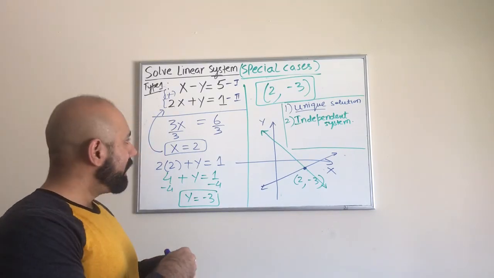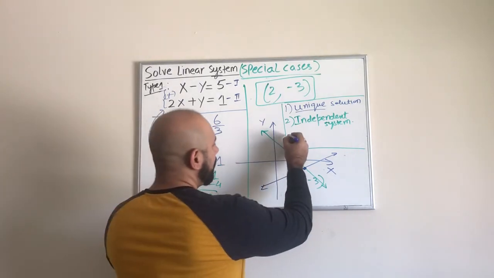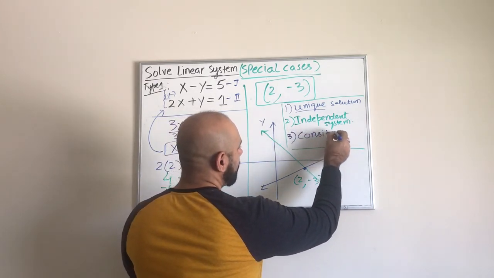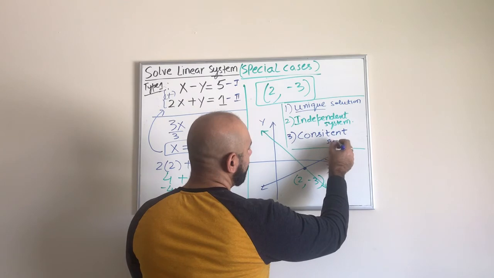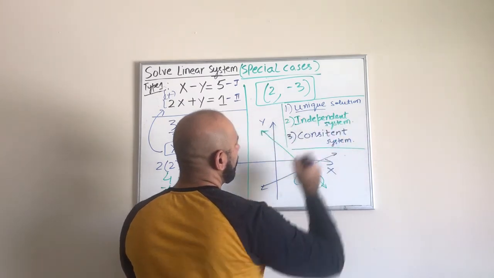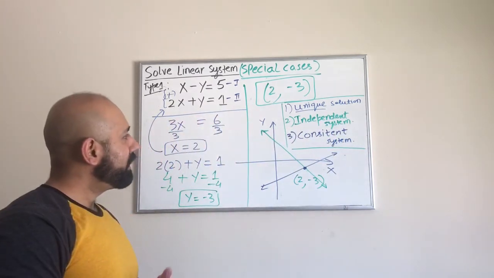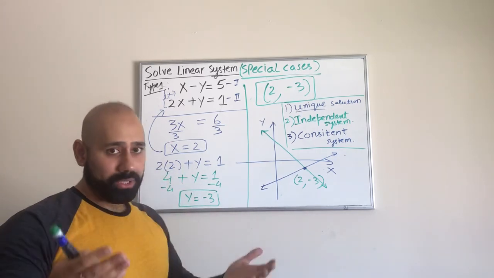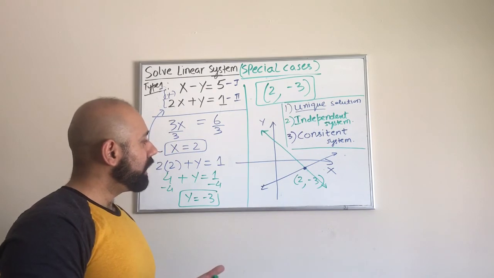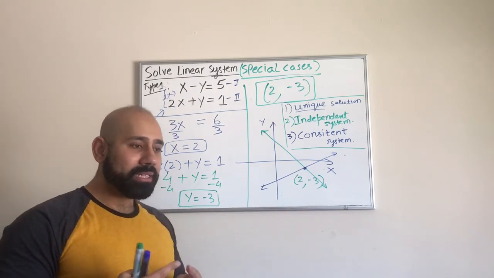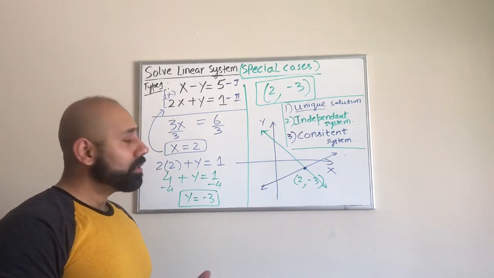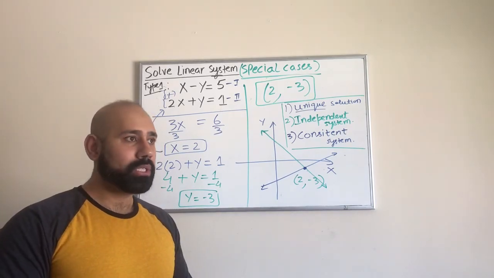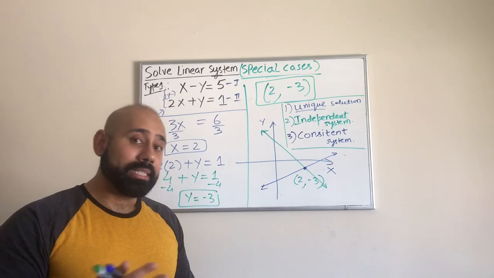And the third one is also thought of as a consistent system. Guys, one should actually remember these three things which are associated with this first case, where we have a unique solution, one solution, where the two lines intersect at one point. So we think of that as having a unique solution, or as a system of independent equations, or you can also think of that as a consistent system.